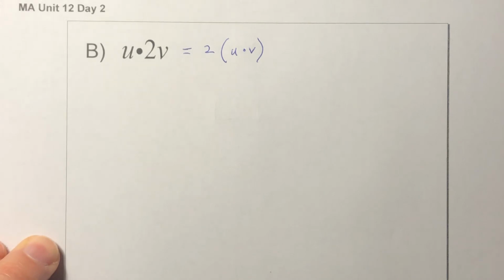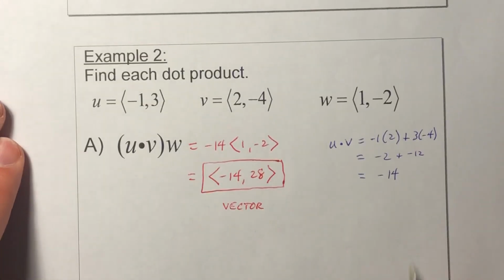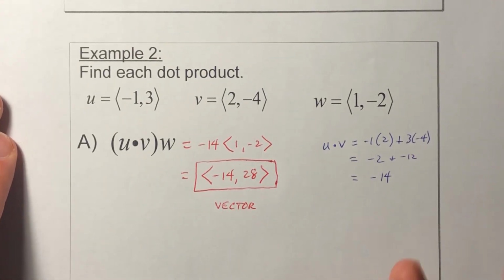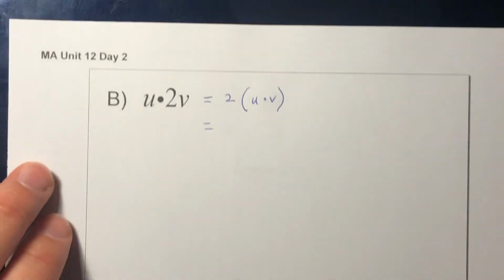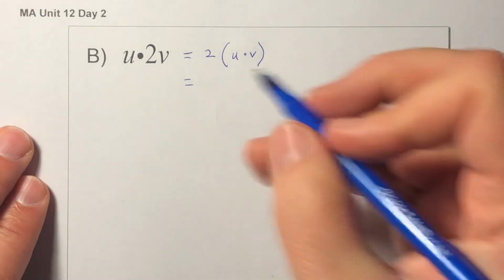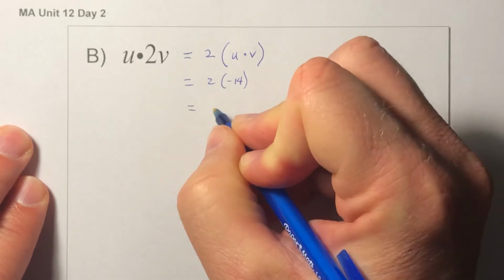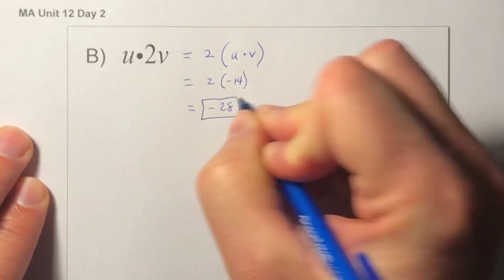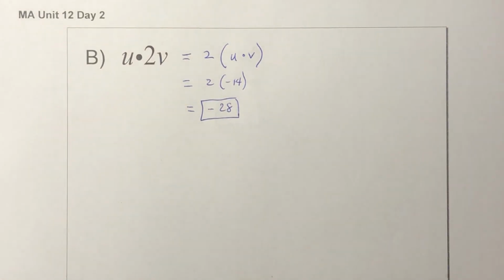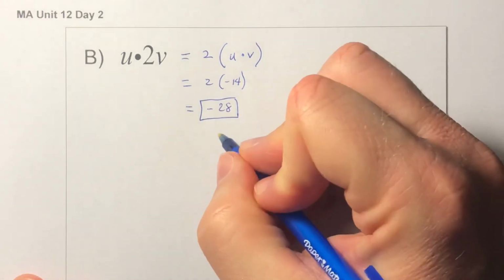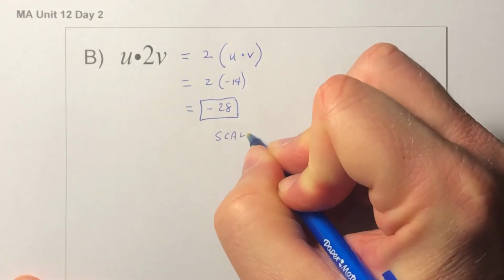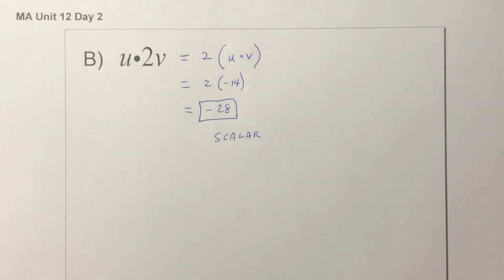If you recall in the other example, we already did u times v and got -14, so we don't have to do it again. Now we have 2 times -14, which is -28. That's not in component form, is it? So we would refer to this as what we call a scalar answer, scalar.